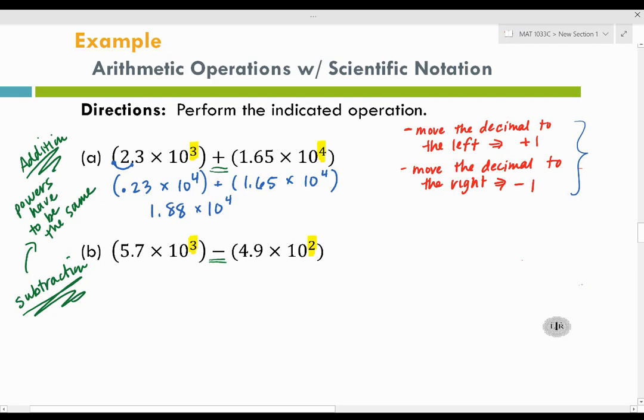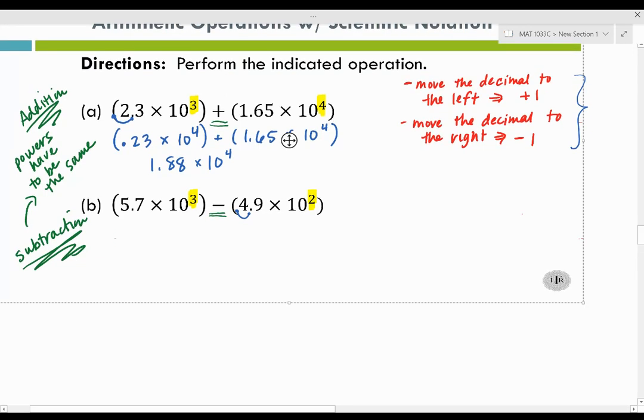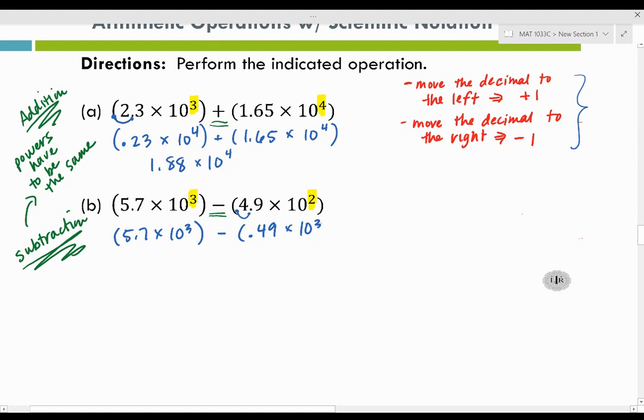All right, so if I change the second one, then I need to make this 2 a 3. So in order to make 2 become 3, you need to add 1, which means that I need to move the decimal to the left, okay? So I'm going to take this decimal and move it to the left. So that's going to give me 5.7 minus 0.49 times 10 to the 3rd.